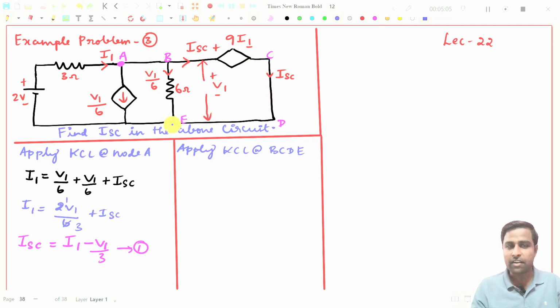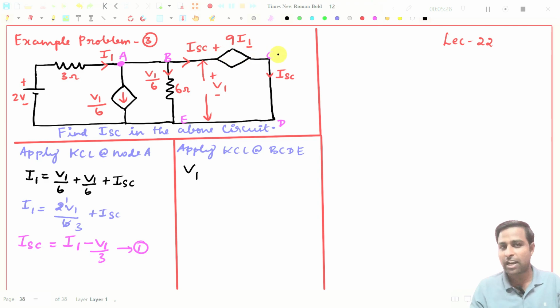I will start from this point, go like this, and come back to this point. This is very easy, because we know the voltage values. From E to B, what is the voltage? V1. From minus to plus, I am traveling across V1, so I write V1. Then what is the voltage source we have here? That is 9I1.